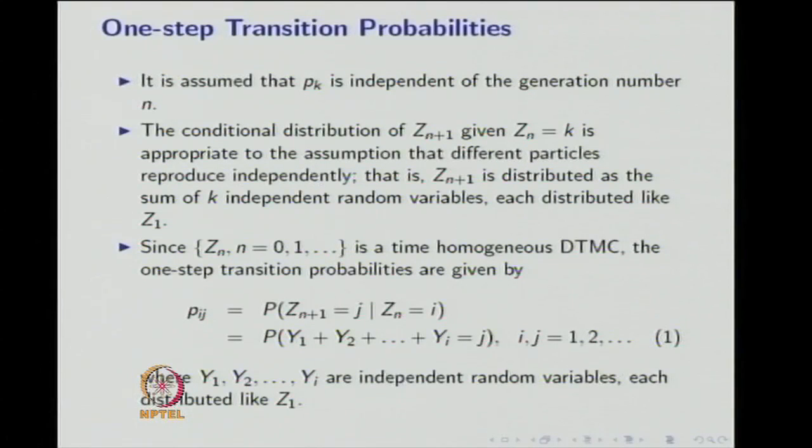That is the same as the probability that y1 plus y2 plus and so on plus yi takes a value j, for i, j belonging to 1, 2 and so on, where yi's are IID random variables, each distributed like Z1.